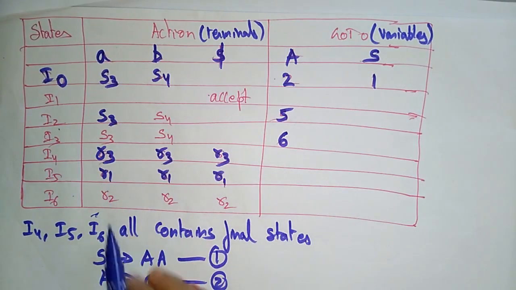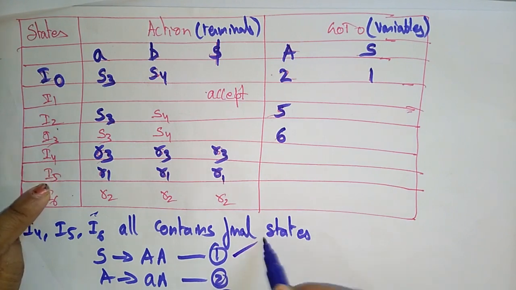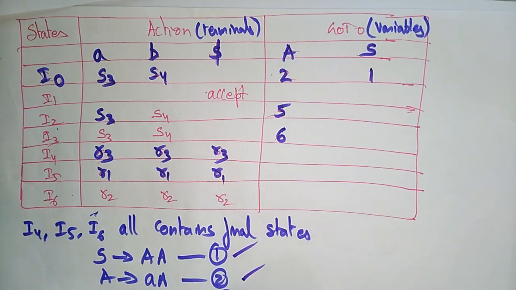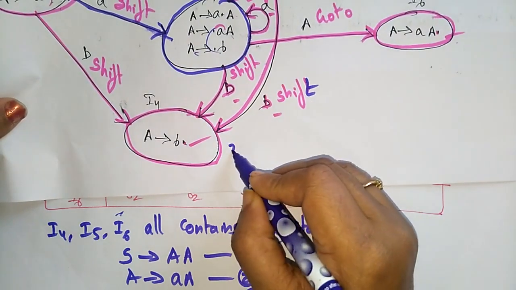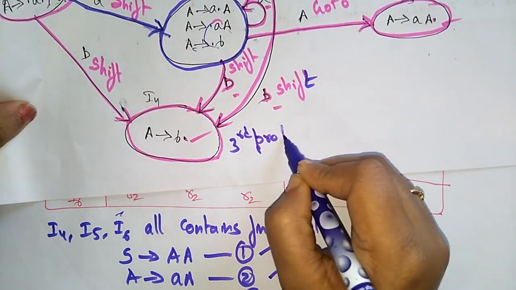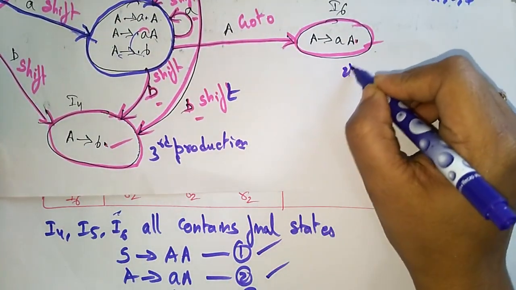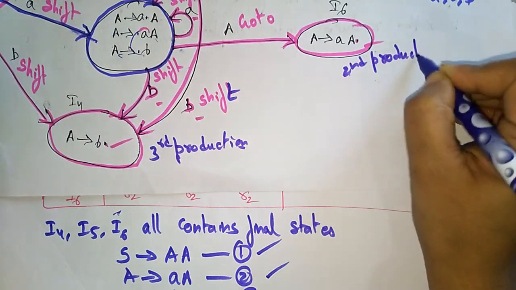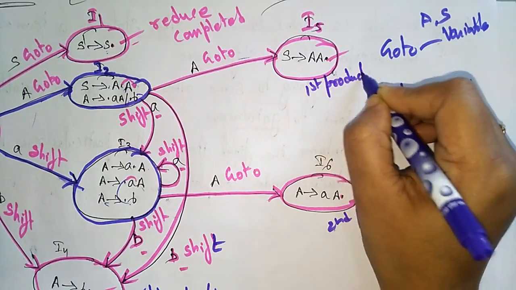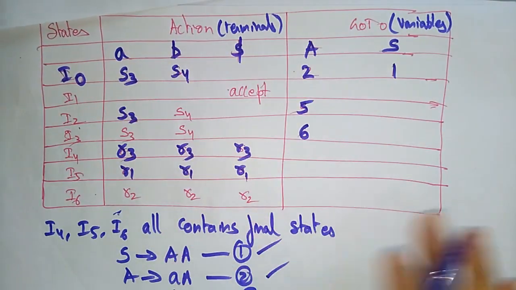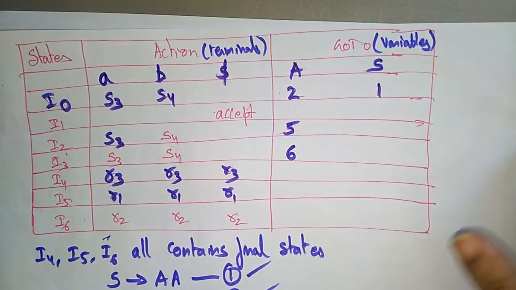I4 consists of the third production, A determines B, I5 is the first production, S determines AA, and I6 is the second production. Just write R1, R2, R3 in those places.